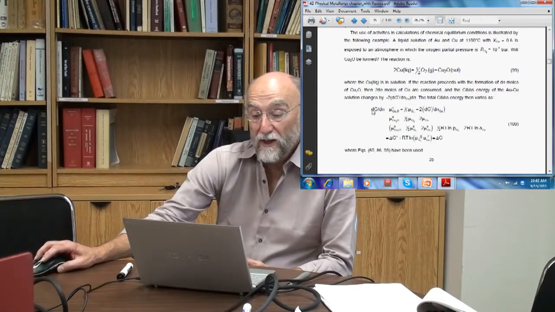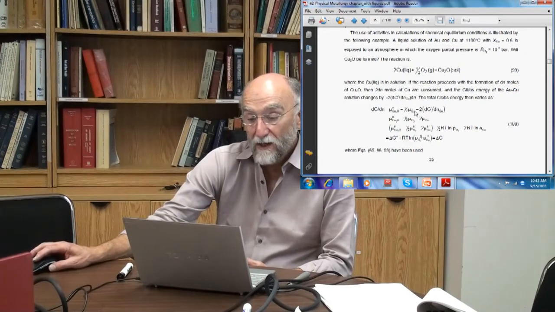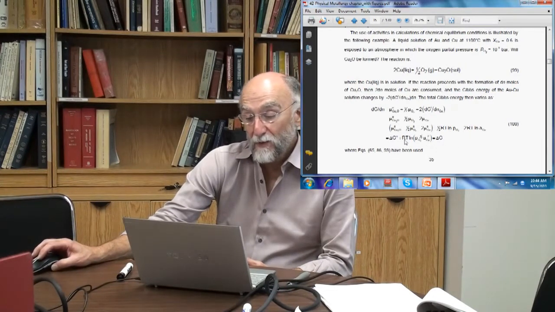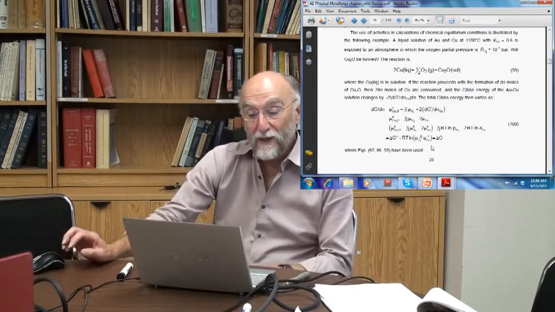So the total Gibbs energy as this reaction proceeds to the right: you're forming dn moles of copper oxide at its chemical potential, you're removing 1/2 dn moles of oxygen at its chemical potential, and you're removing 2 dn moles of copper at its chemical potential. We end up with dG/dn equal to delta G of the reaction, which is delta G naught plus RT log of PO2 to the 1/2 over the activity of copper squared, which comes out to exactly the same thing as we did before.